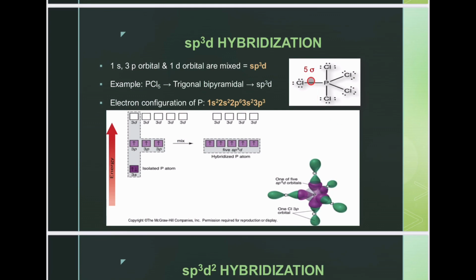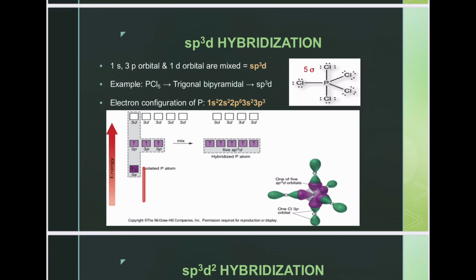This is the Lewis structure of PCl5, which consists of 5 single bonds, equal to 5 sigma bonds. So we know we must have 5 electrons here in the hybridized phosphorus atom.